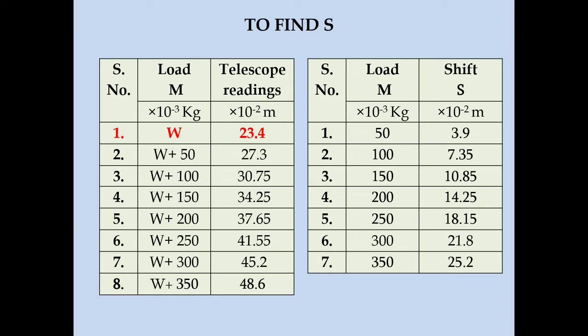Next we need to find the shift for every 50 grams. To get the shift for 50 grams, 100 grams, 150 grams, 200 grams, we have to subtract the scale reading corresponding to the dead weight from the corresponding scale readings.